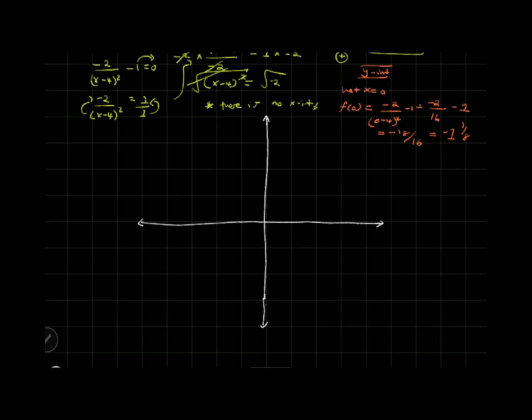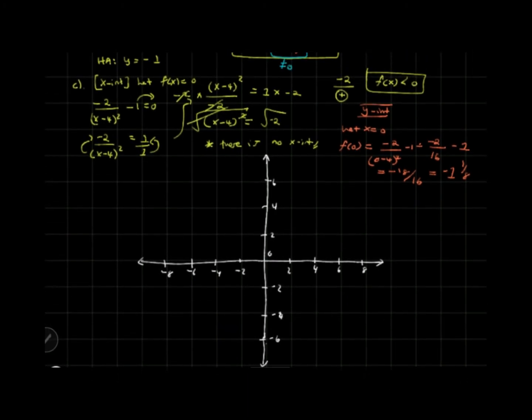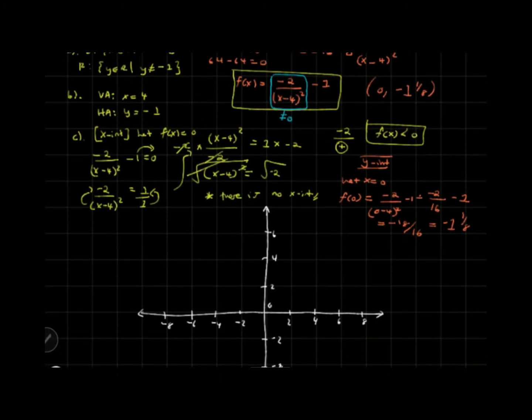Let's say we go by 2's here. I'm just going to create my Cartesian plane. We also can understand here that our vertical asymptote is 4.